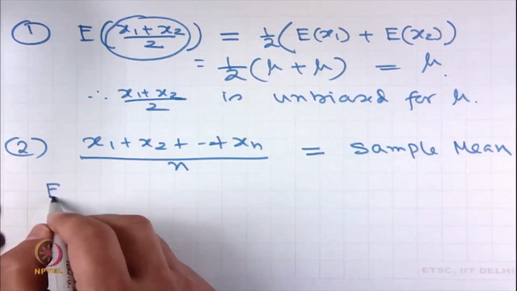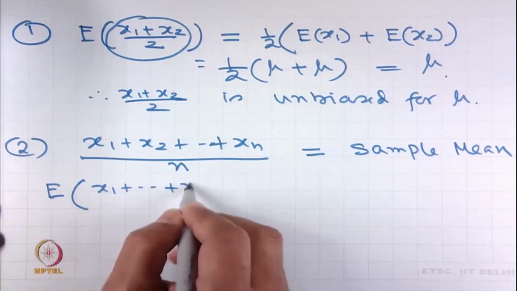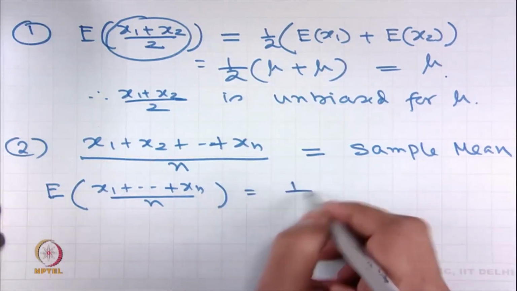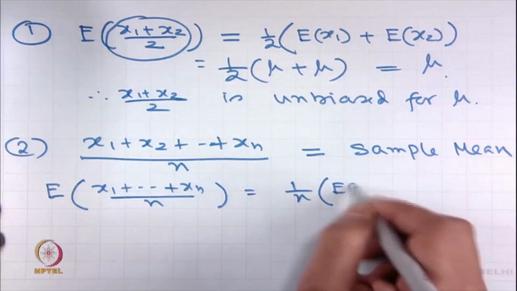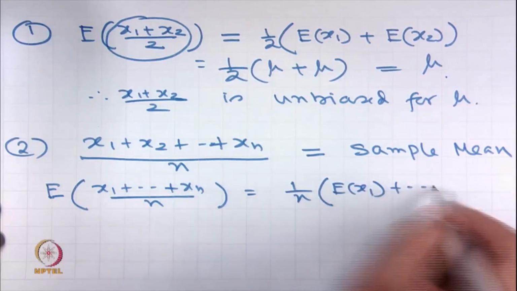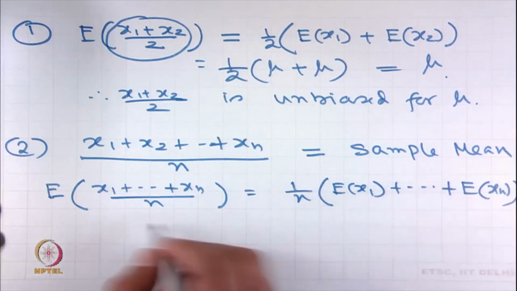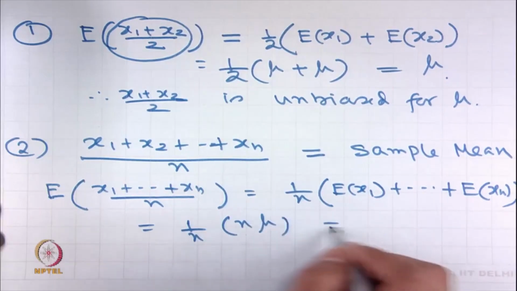Its expectation is equal to 1 by n times expectation of x 1 plus up to expectation of x n, is equal to 1 by n times n mu, is equal to mu.